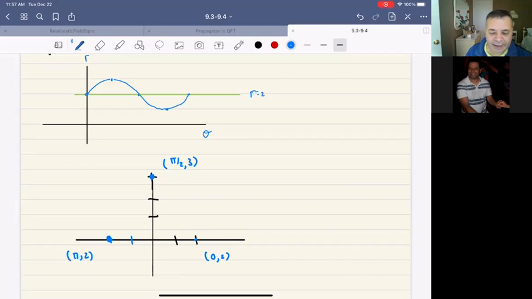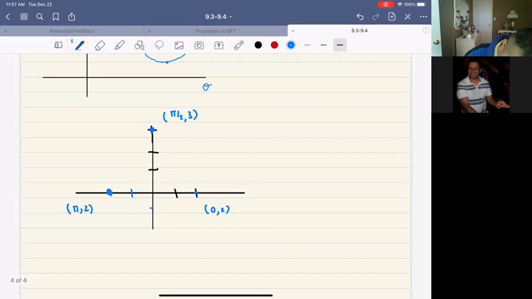Now this angle corresponds to theta equals 3 pi over 2. And when it's at 3 pi over 2, what's the r value? 1. So that means here it's going to be like so.